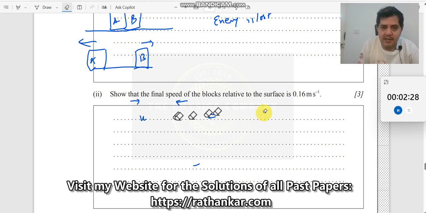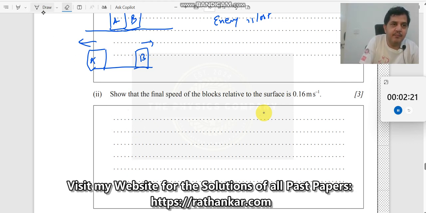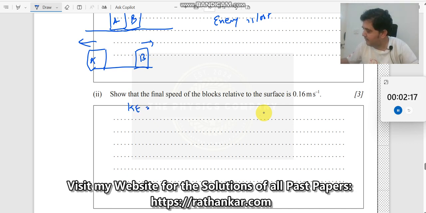What we'll do is, because some amount of energy is being lost, what is the kinetic energy of the first object?